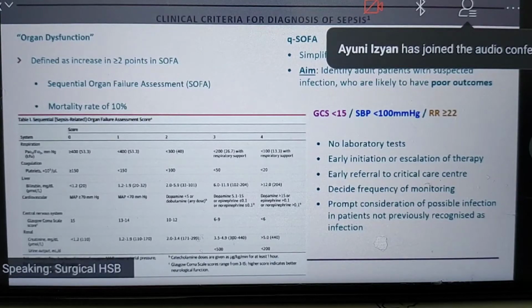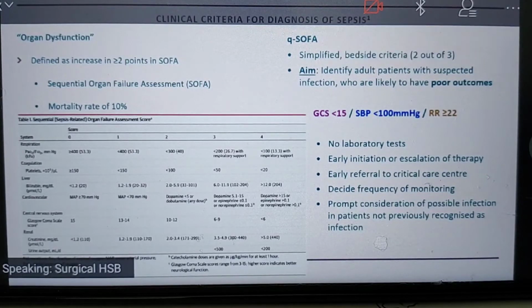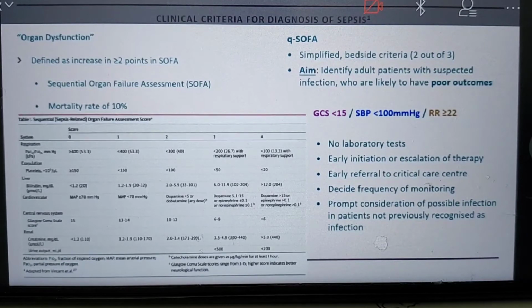Like I said before, in patients who have sepsis or organ infection, mortality rate is 10%. Other than SOFA score, we also have Q-SOFA, which is the quick SOFA score. This is the simplified version. We can use this at the bedside if we suspect infection in patients who are likely to have poor outcomes.